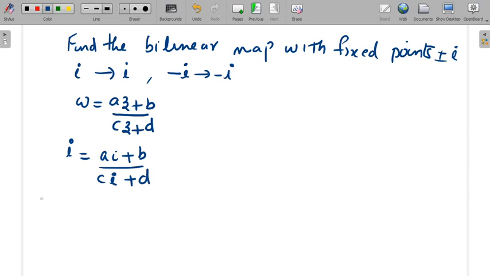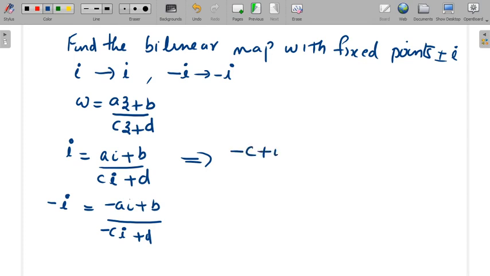And minus i is mapped to minus i. So we can write minus i is equal to (minus ai + b)/(minus ci + d). So this implies on cross multiplication minus c plus id equal to ai plus b, and thus on cross multiplication gives minus i into minus i, again minus 1, so minus c minus id equal to minus ai plus b.